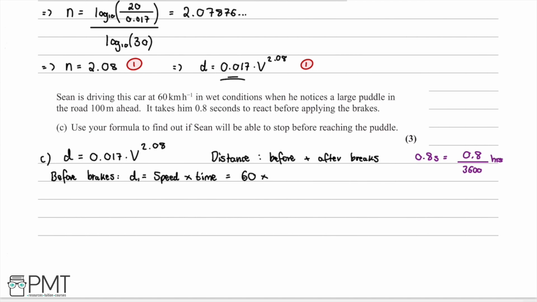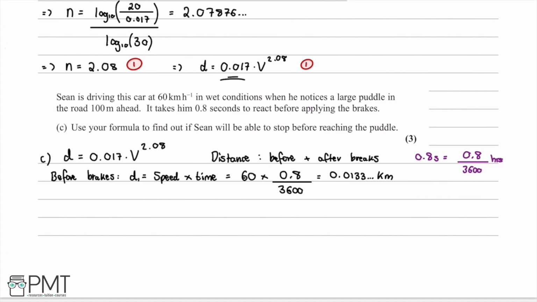So therefore, we'll substitute this into our equation, and we'll have 60 multiplied by 0.8 divided by 3,600. And putting this into our calculator, this comes out as 0.0133. And we note that this is going to be in kilometers, but we're dealing with meters.